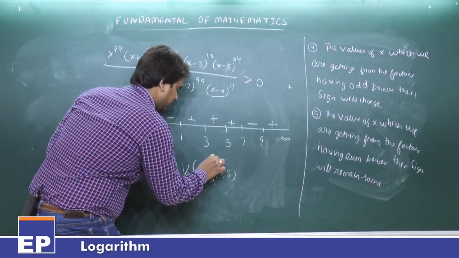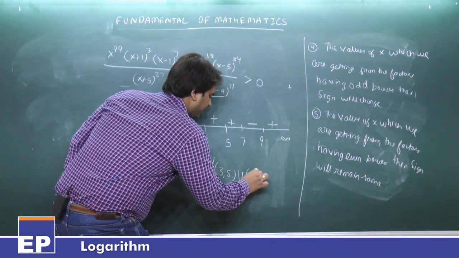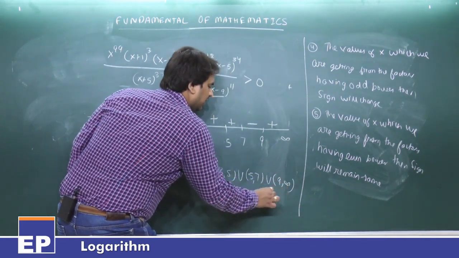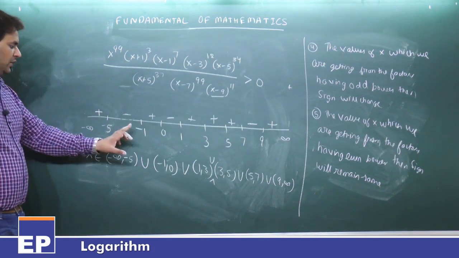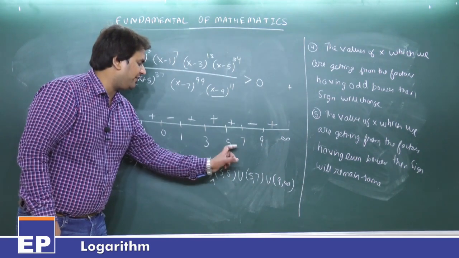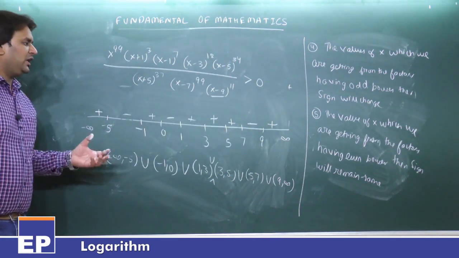In between I missed union 3 to 5. Next will be 5 to 7, and next will be 9 to infinity. So this is the complete answer of this question. X belongs to minus infinity to minus 5, union minus 1 to 0, union 1 to 3, union 3 to 5, and union 5 to 7, union 9 to infinity. So this is the total answer of this inequality.